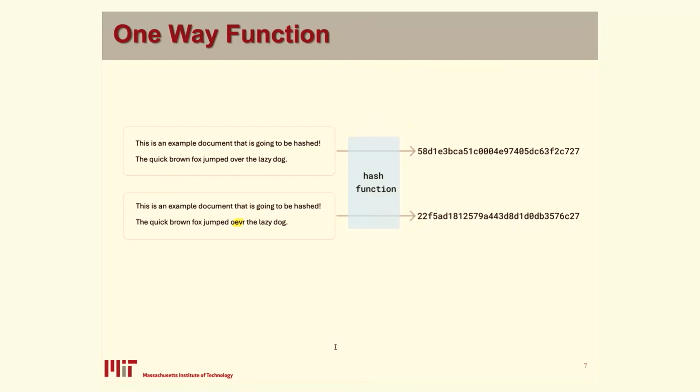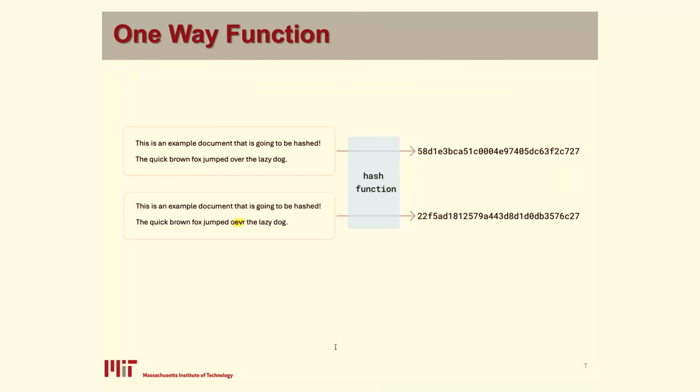So Sam generated these examples in the last few days to try to be concrete. Here's the text. This is an example document that's going to be hashed. The quick brown fox jumped over the lazy dog. Okay, you put it in this standardized hash function and you get this ciphertext.